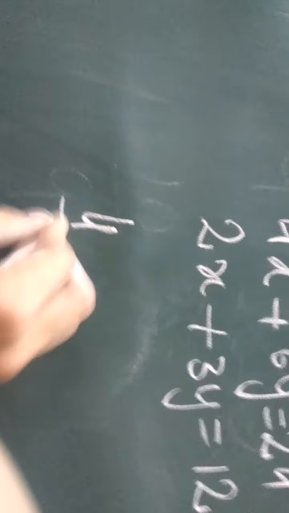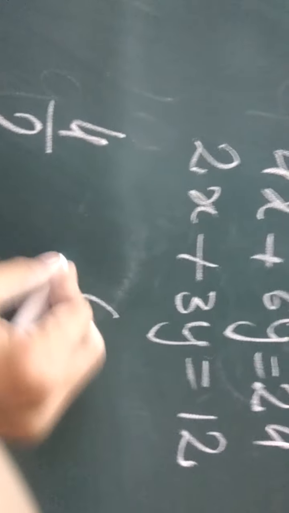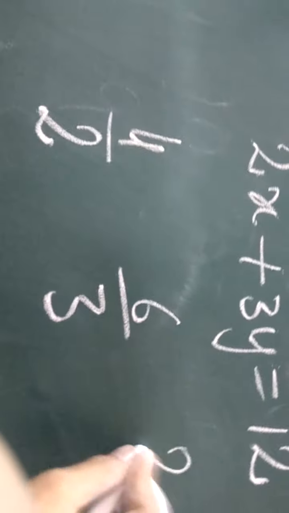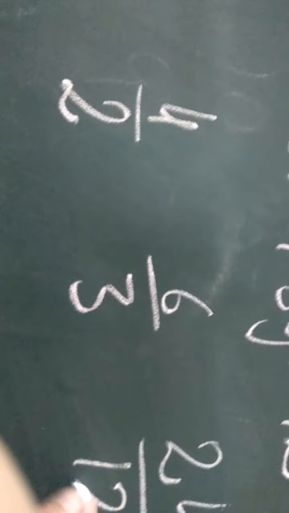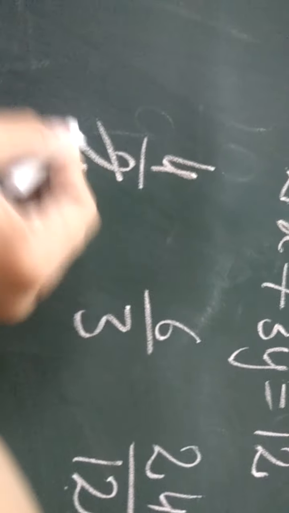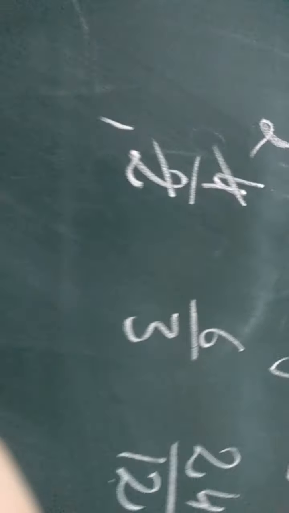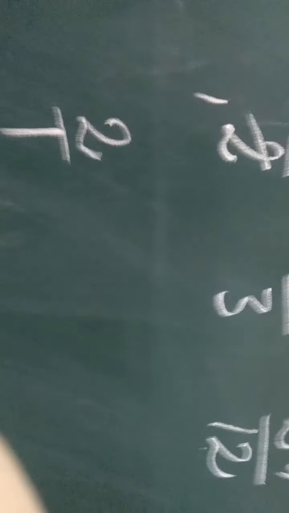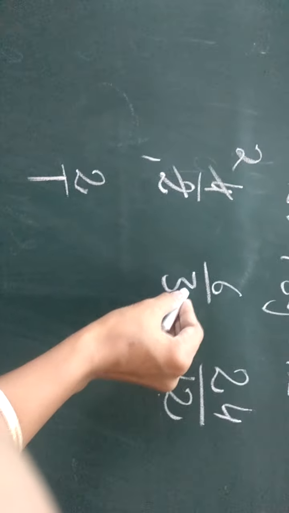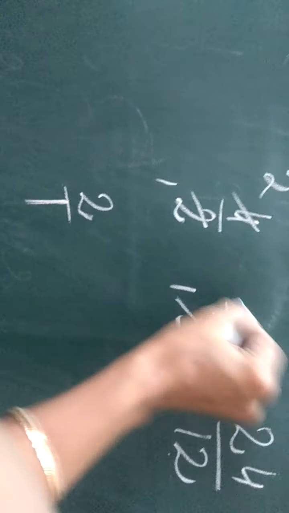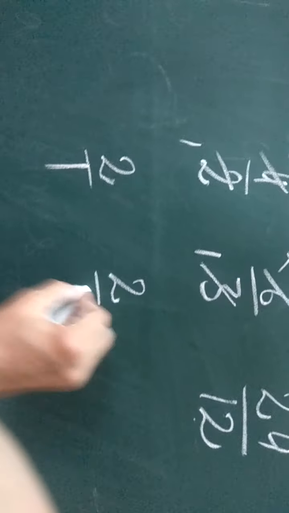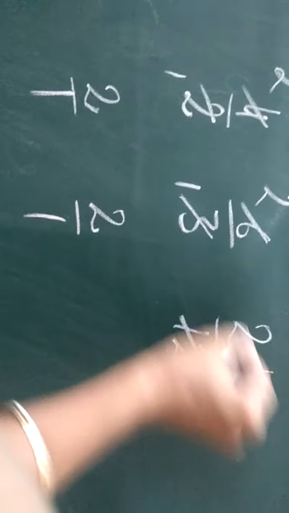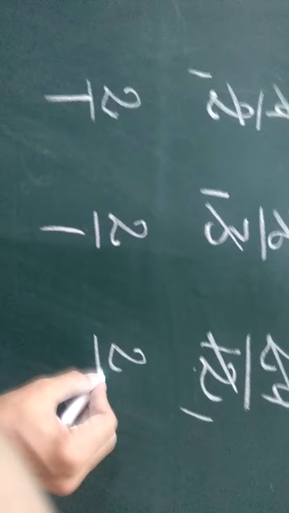Now let us take the ratios. A1 by A2, 4 by 2, B1 by B2, 6 by 3, C1 by C2, 24 by 12. So let us convert them in simplest form. The ratio will become 2 by 1. Then again 2 by 1. And 12 twos are 24, so again 2 by 1.